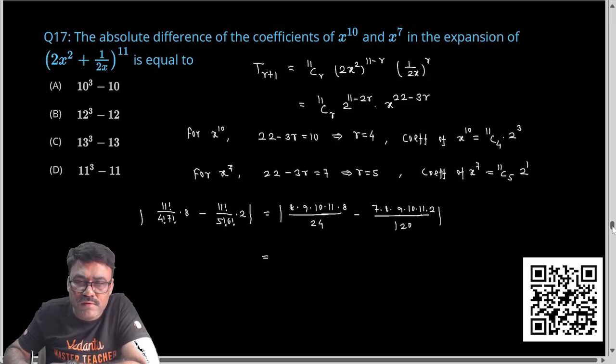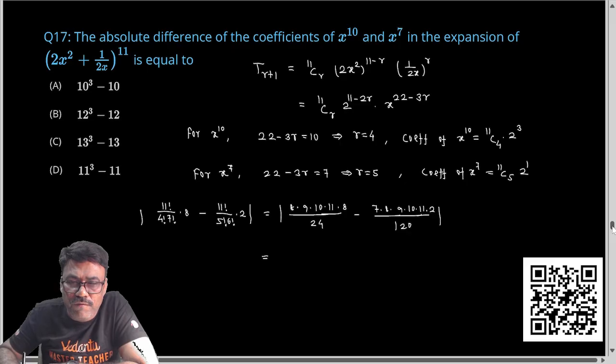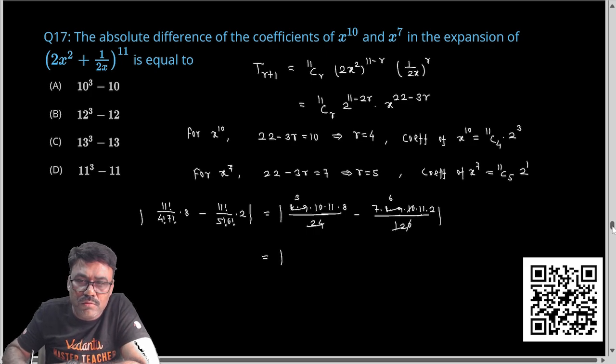Now just cancel. So 24 into 3, 72. And here the 10 cancels. Then you are getting 12 into 6, 72. So you are getting 30 into 11 into 8, and here you are getting 42 into 11 into 2.